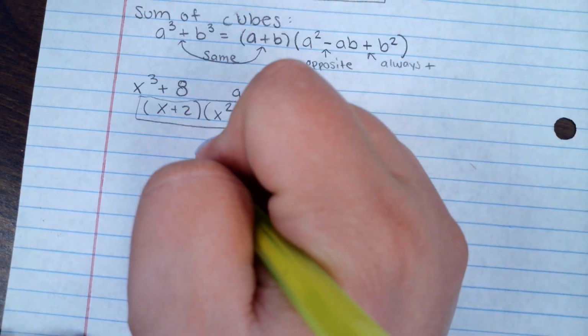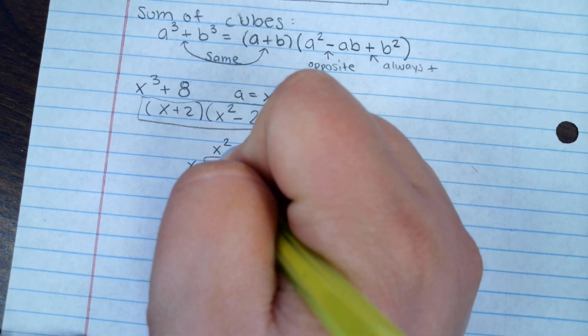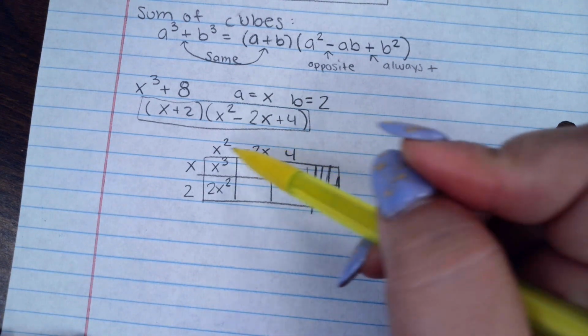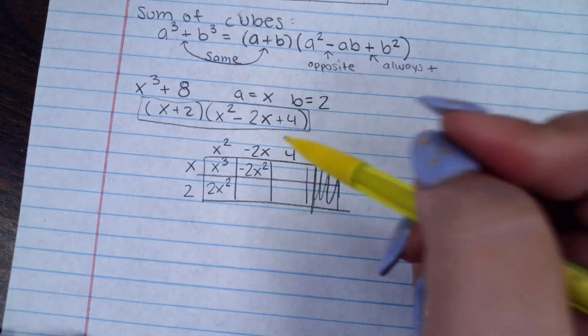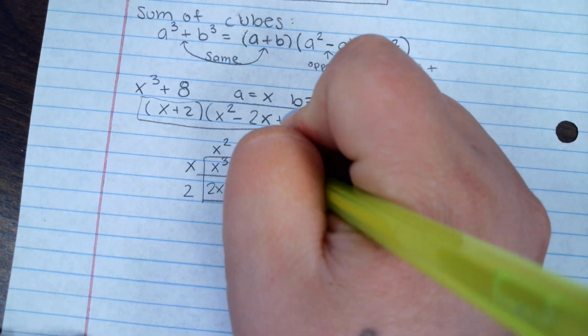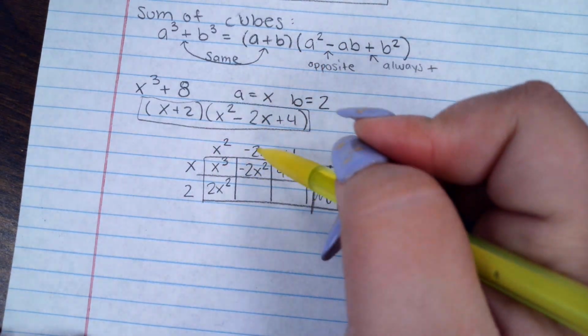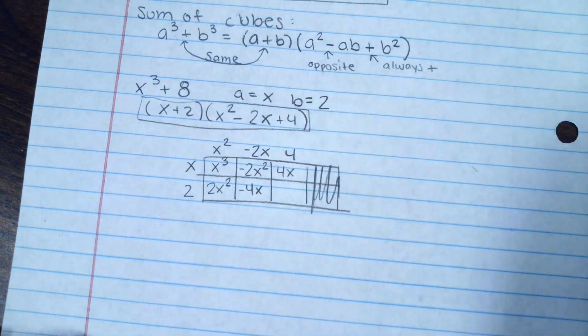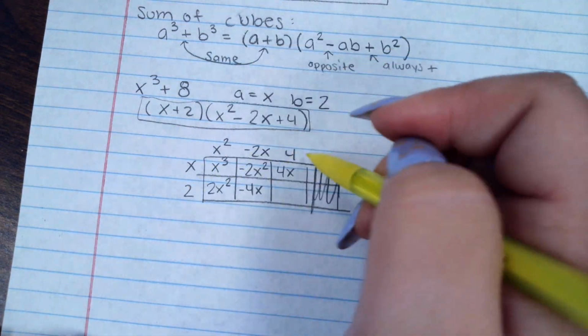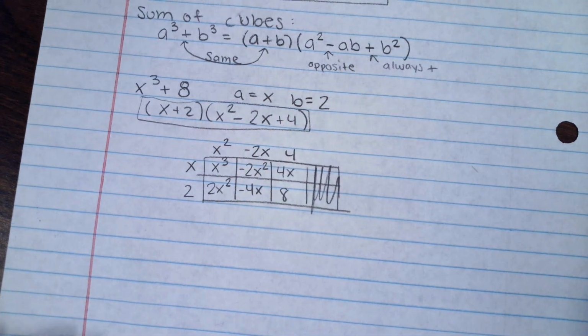x squared times 2 is 2x squared. Negative 2x times x is negative 2x squared. 4 times x is 4x. Negative 2x times 2 is negative 4x. 2 times 4 gives me 8.